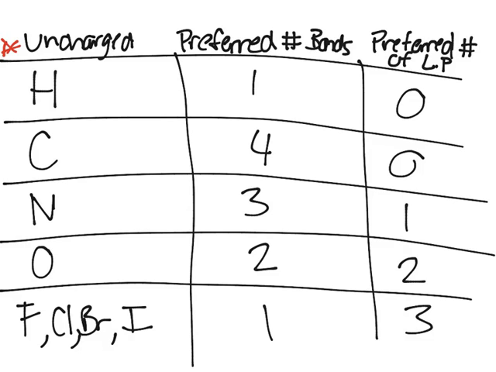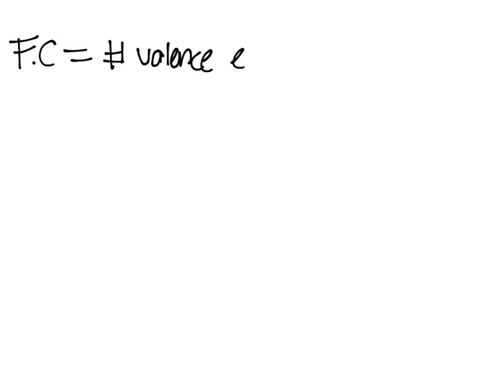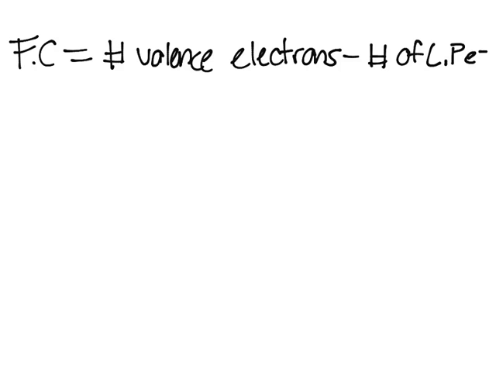So there's a formula. The formula says that formal charge equals the number of valence electrons, minus the number of lone pair (LP) electrons, and then minus 1/2 of the number of bonding electrons.